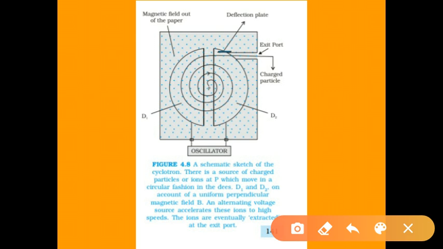The two Ds are D1 and D2, and they are connected across an oscillator. Oscillator is a source of alternating voltage. Alternating voltage means the polarity of voltage will change alternately from positive to negative, from negative to positive, like that.